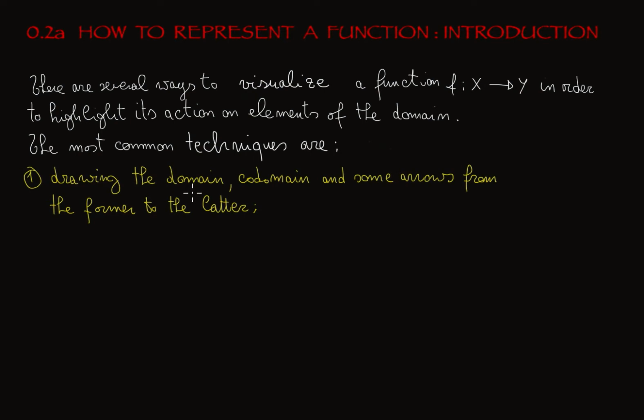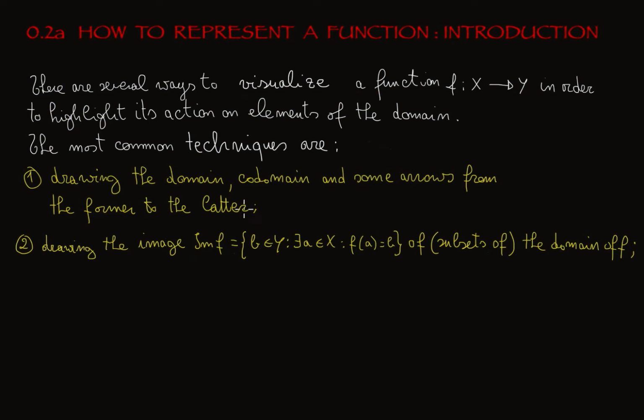Among them, we can name the fact that we just highlight the action of the function on a finite number of elements in the domain, all those that we can actually choose and pick. Therefore, we certainly are not able to have a global understanding of the action of the function.